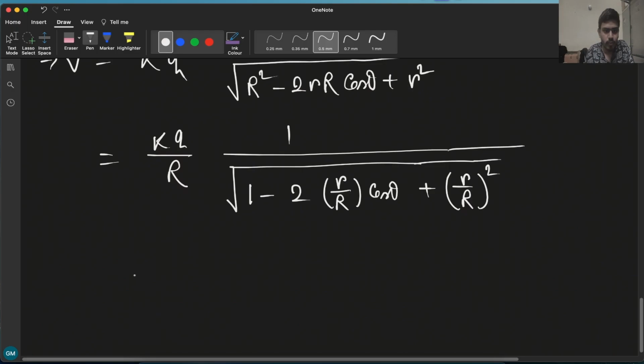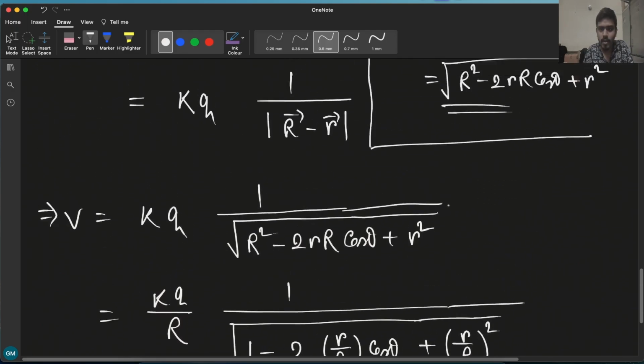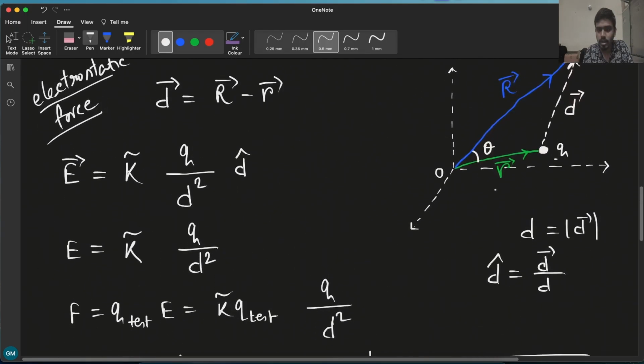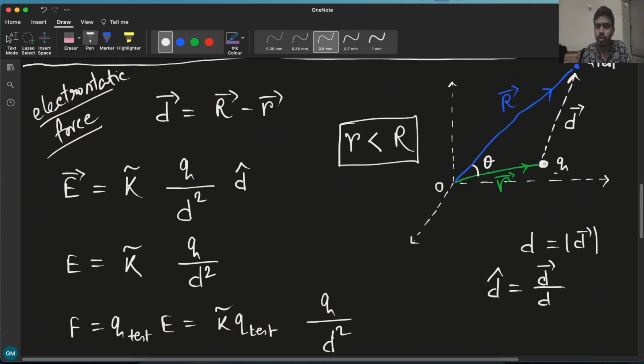And now I am assuming that this small r is less than capital R. So I will choose my origin near about this source charge.